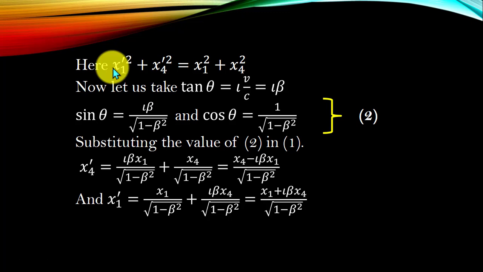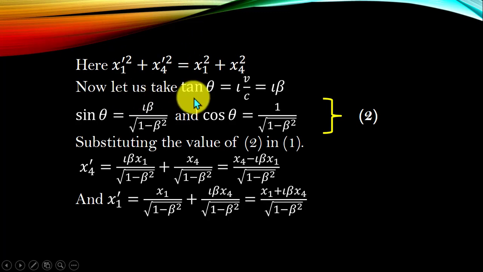You will get to know that x1 prime square plus x4 prime square, that is the square of the components of the particle in one frame of reference, will be equal to the square of the components of the particle in another frame of reference. So you can say that these coordinates are also Lorentz invariant basically.